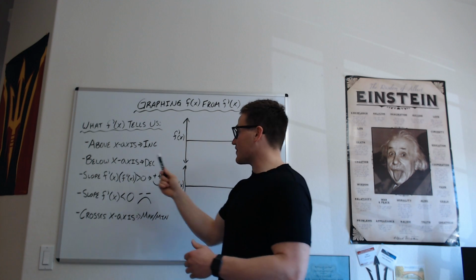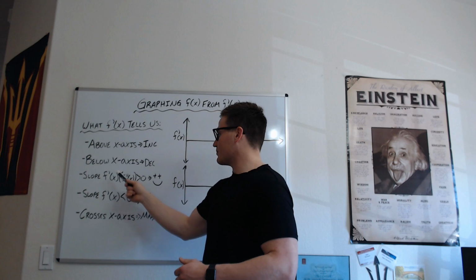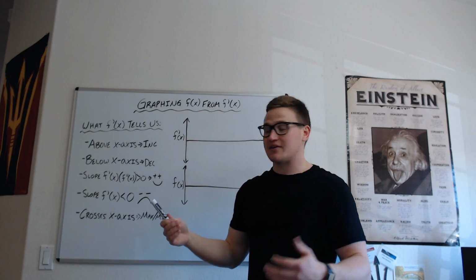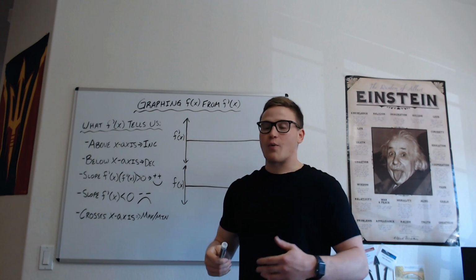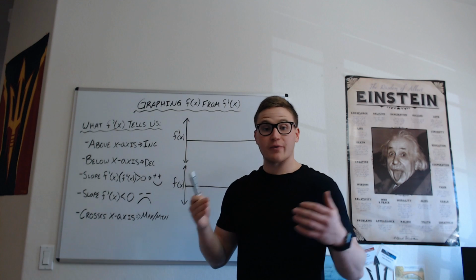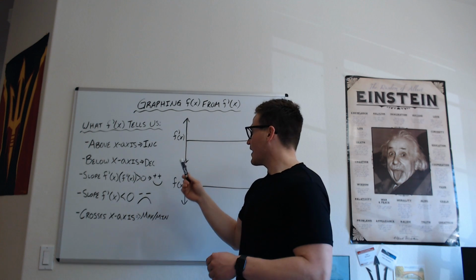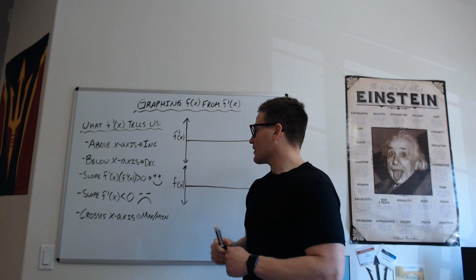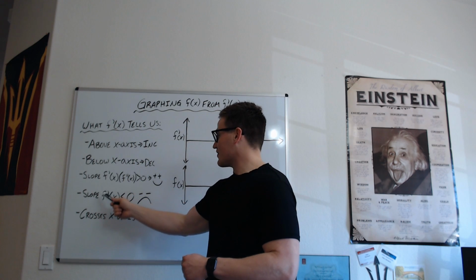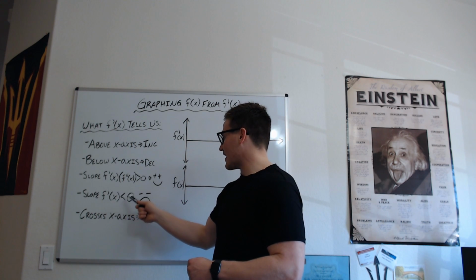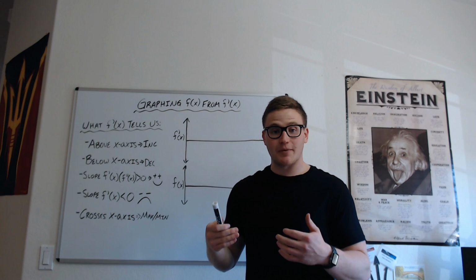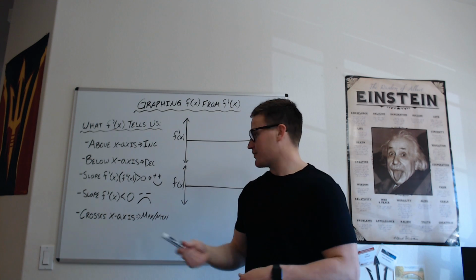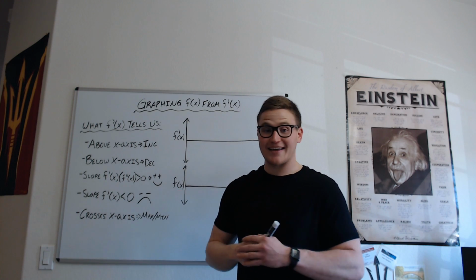Also, if we look at the slope of f prime of x, which is f double prime of x, when this is greater than 0, like we learned just a second ago, our function is going to be concave up. When the slope of f prime of x is less than 0, so when f double prime of x is negative, our function is going to be concave down.